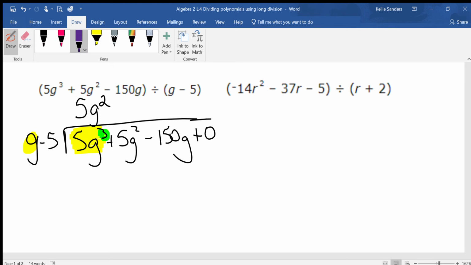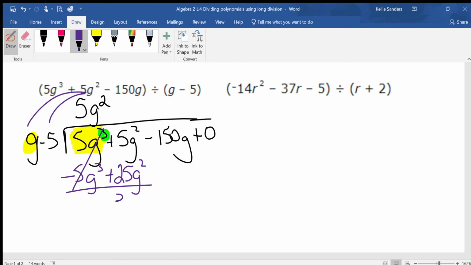Then we multiply the 5g squared to everything that's on the outside, so 5g to the third, because g squared times g is g to the third. Then 5 times negative 5 is negative 25. G squared, draw your line, change your sign, those go away. 5 plus 25 is 30. G squared, and then we bring everything down because we're not finished.